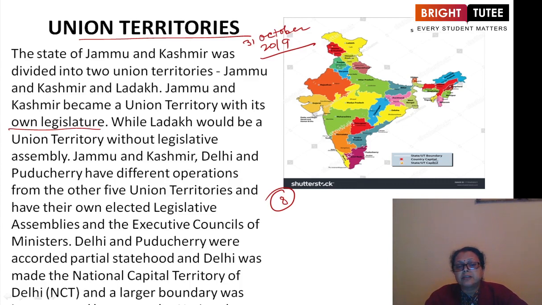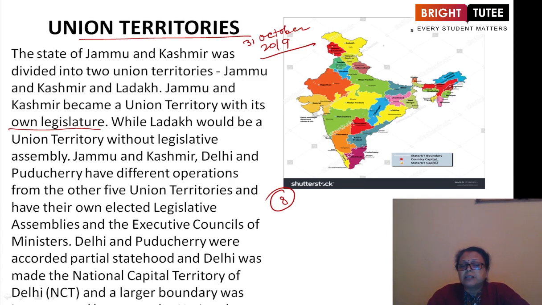So this is all about the chapter, the merger of the union territories. The special provision of Jammu and Kashmir was withdrawn by the recent government, and Jammu and Kashmir was divided into 2 union territories, Jammu and Kashmir and Ladakh. Jammu and Kashmir has a somewhat different status from Ladakh. In the same way, Delhi and Puducherry have elected legislative assemblies and their own executive councils of ministers.